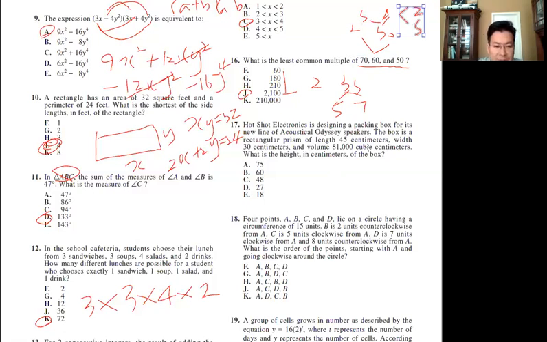Okay, 17, designing a packing box for a new line. This box is a rectangular prism. Okay, the length is this, so a rectangular prism, something like this. And then 40 and 30, and then what is the height?